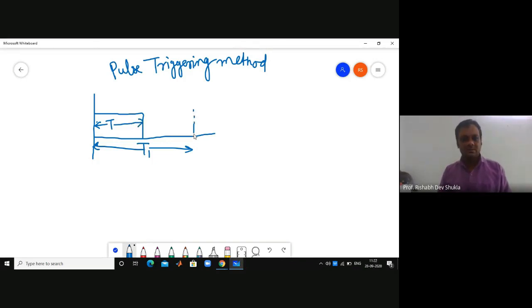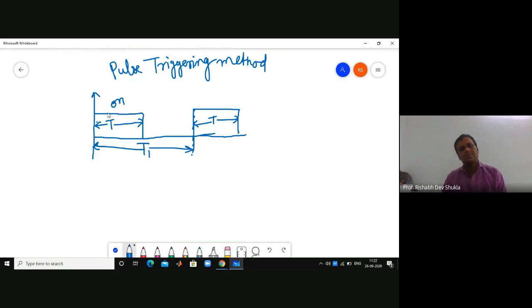Again, soon after this cycle, you will again have a pulse of duration T. That means for every cycle, you need to have a pulse to turn on this SCR. This is your complete cycle, T1 is your complete cycle, and for a particular cycle, only T is the duration.